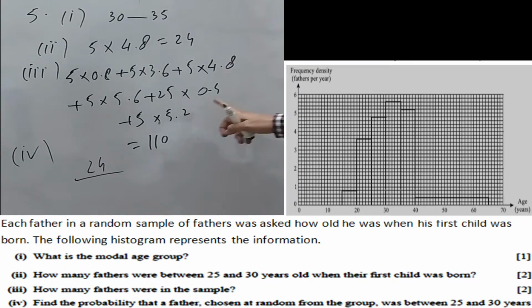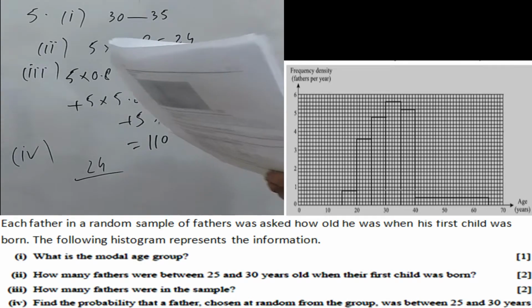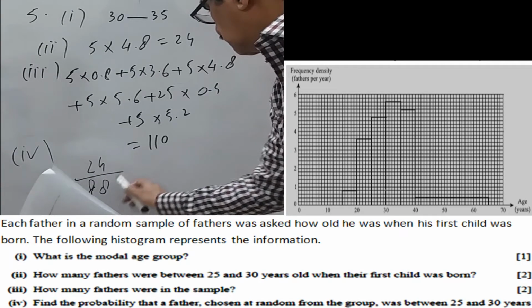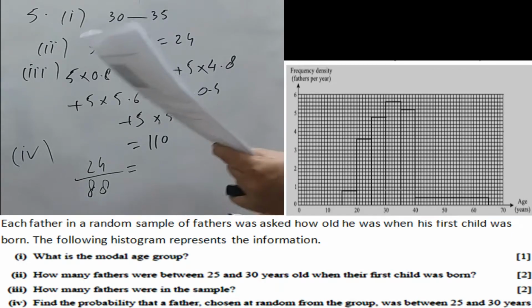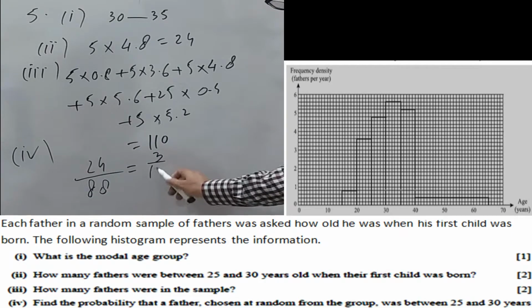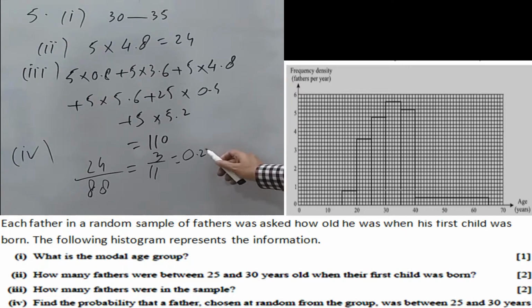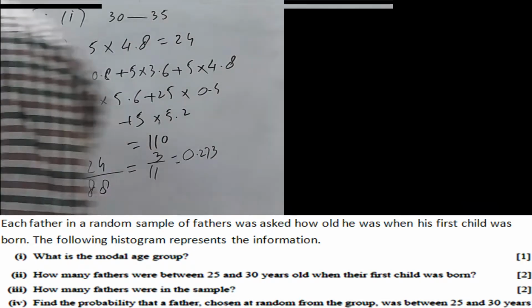So you calculate only these three values, and you will see that the total is 88. So the probability will be 3 over 11, or in decimal it is 0.273, to 3 significant figures.